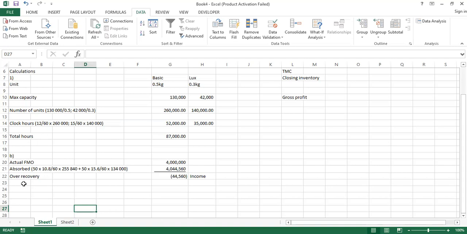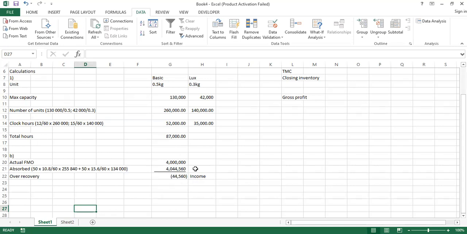In this instance, it was an over recovery because, as you can see, the expenses that we absorbed in our trading account, when compiling our manufacturing expenses, were overcast. In simpler terms, they were overcast by 4,456.